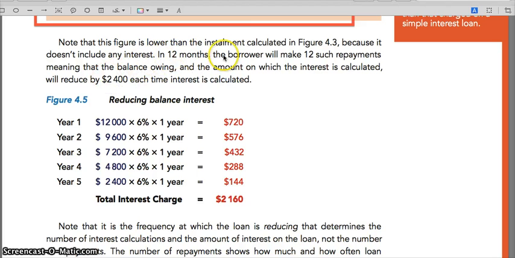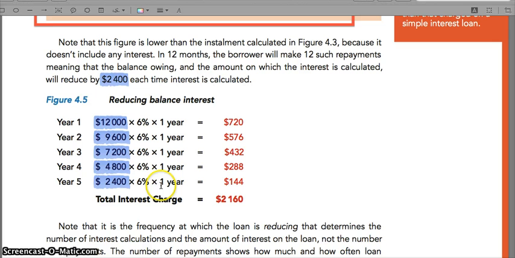So in 12 months, the borrower will make 12 repayments of $200 each, meaning the balance owing will reduce by $2,400 each year. How do we deal with that? Well, what we do is we take away $2,400 each year and do the straight line, or the flat rate calculation for each particular year.